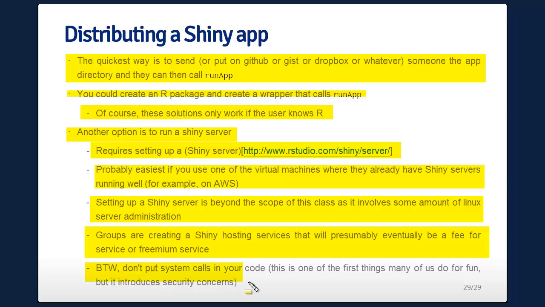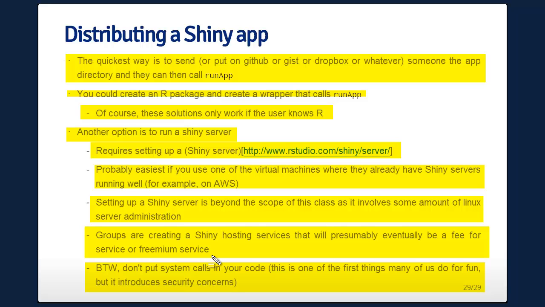By the way, if you're like me, one of the first things you do when you find Shiny is you try to extend it kind of ludicrously, and R has this system call where you can call, for example, the Unix terminal. Don't do that. So don't put system calls in your code. It's the first thing everyone who knows what system calls are does, because then they can do something really fun with it.